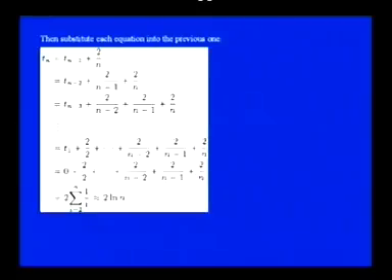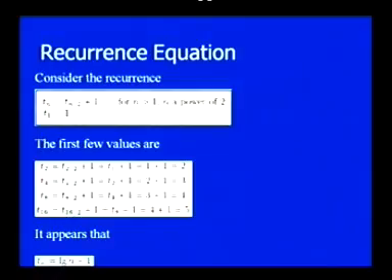So, this is approximately equal to 2 into logarithm of n. That means this is a logarithmic type algorithm. So, in other words, for many algorithms which have simple recurrence equations, we can go for either the back substitution method or the forward substitution method to find the answers.